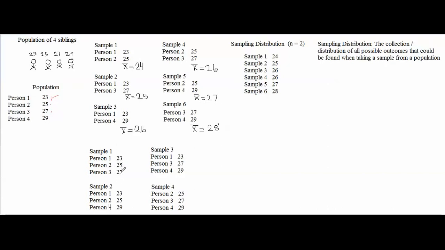If we want to find the mean of sample 1, we add the 3 numbers, and then we divide by 3, because to get a mean, you just add the numbers, and then you divide by the number of numbers. So it'll be 23 plus 25 plus 27 over 3.